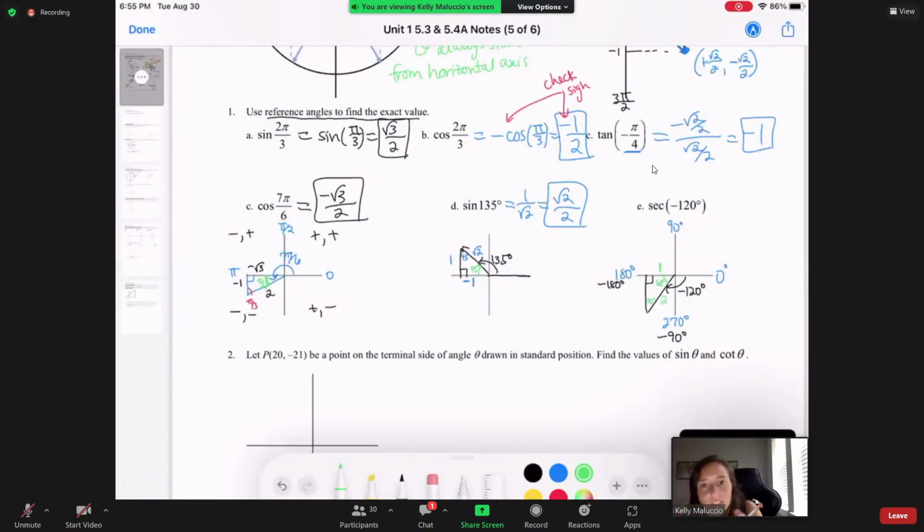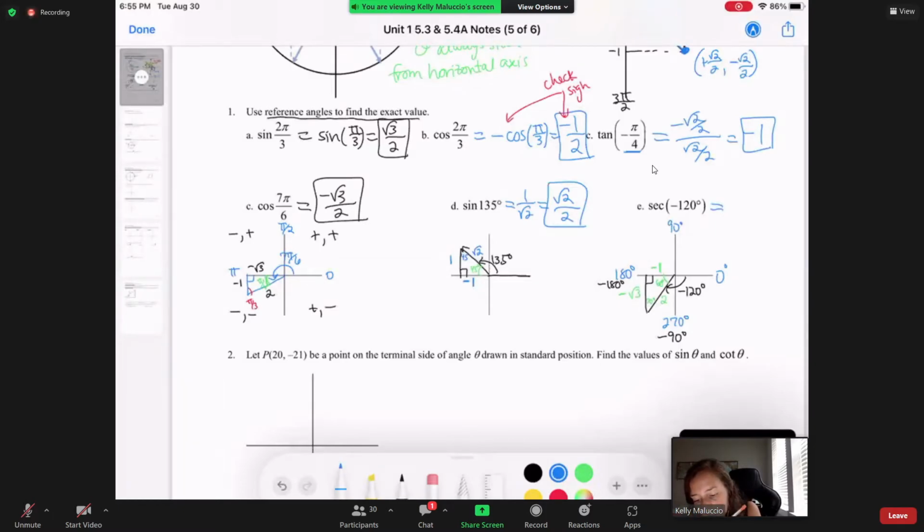I'm taking this from notes that we did the other day. And this is square root of 3. So now I have to remember this is a negative 1 because it's to the left of the 0 on the x-axis, and this is negative root 3 because it's going down.